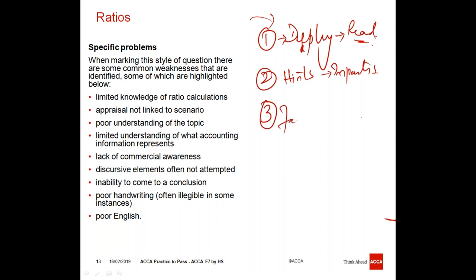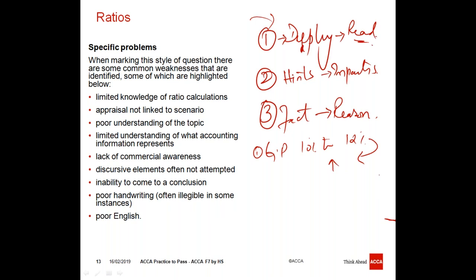And finally, your answer should be fact with reason. If I am just writing that the gross profit ratio has increased from 10% to 12%, it's just a statement of fact. You should know the reason for the increase in the gross profit.